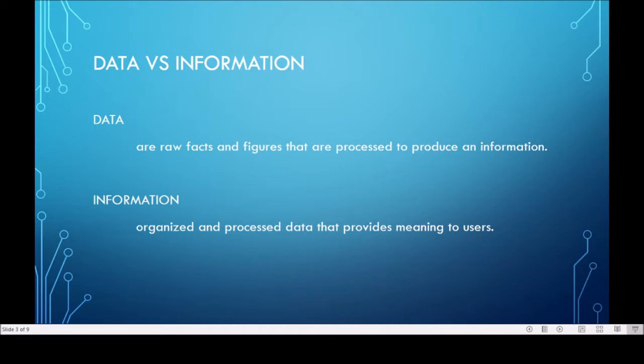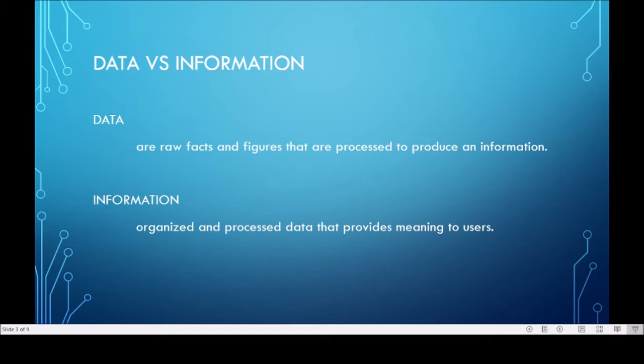So based on the two definitions, the definition of data and the definition of information, we can say that data is not useful to users because it is not yet organized, while information is organized data that can be useful to the users of particular information.